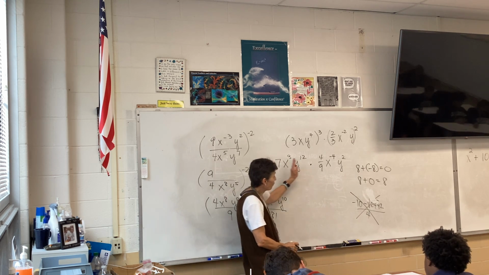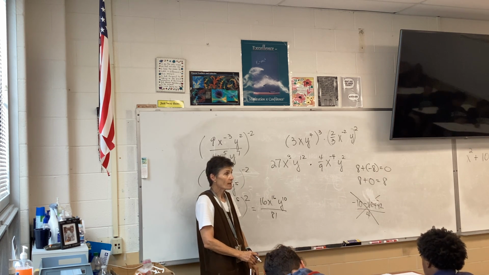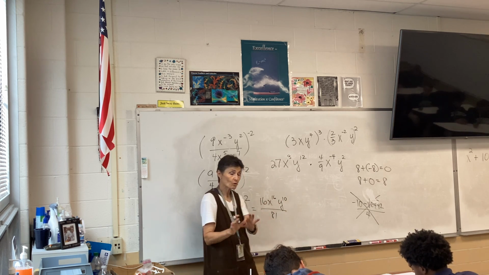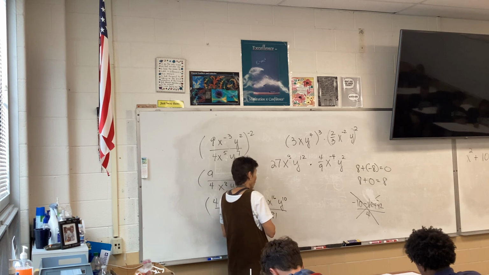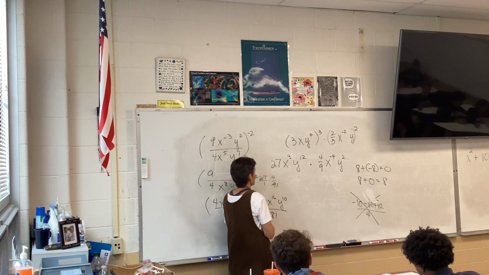The whole thing is times. So you can regroup, do things in a little bit different order. So 27 times 4/9 would be what? 12. Yep. 12.